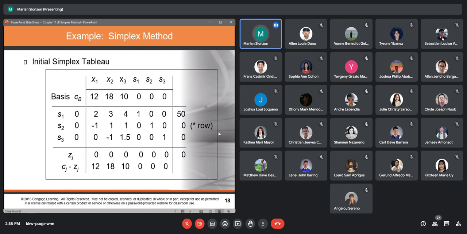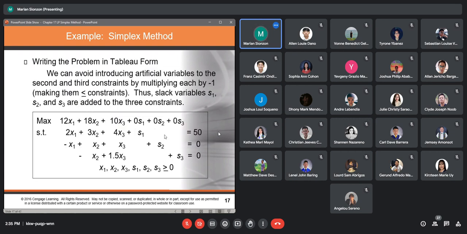Okay. What were the basic variables in the solution? S1, S2, S3. What is the role of S1? S1 will absorb the idle capacity. Right? Yes, miss. Okay. Since it will absorb all the idle capacity, what is our objective function?